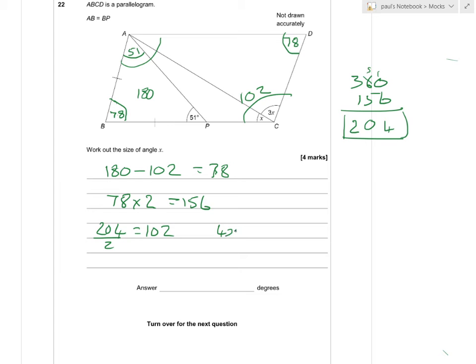So 4x equals 102, so x equals 102 divided by 4. Don't be daft, 102 divided by 4 is 25.5. I'll stick my neck out and say 25.5 is x.